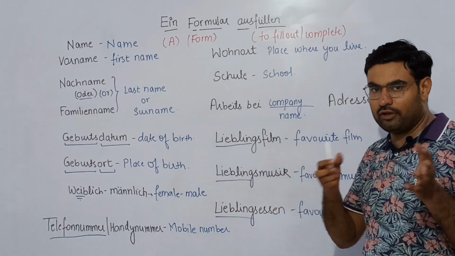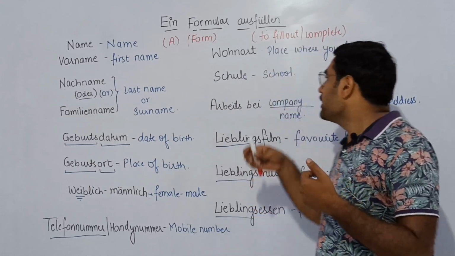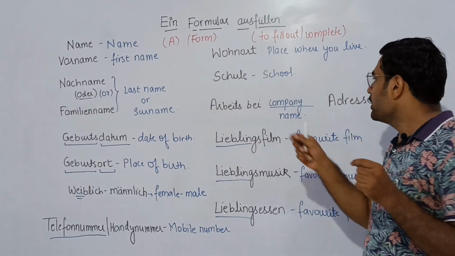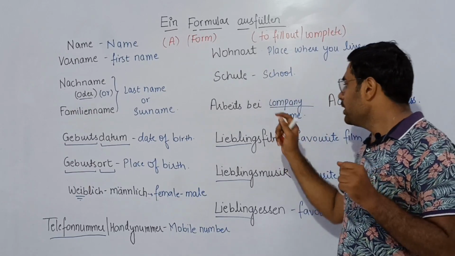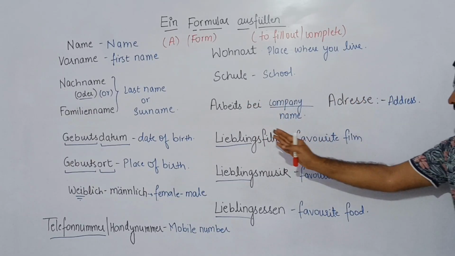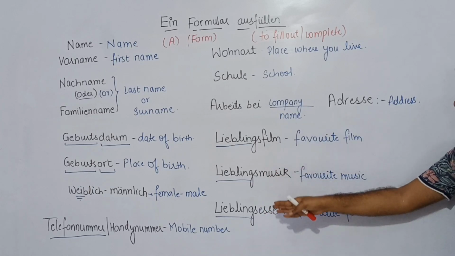Telefonnummer is your telephone number, Handynummer is mobile number. Wohnort is the place where you live. Schule is your school. Arbeitsbei is a company name. Adresse is address. Lieblingsfilm, Lieblingsmusik, Lieblingsessen: favorite film, favorite music, favorite food.